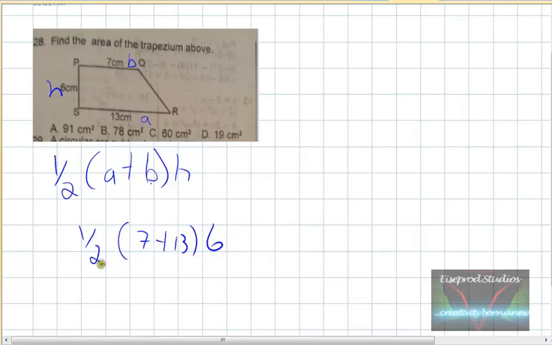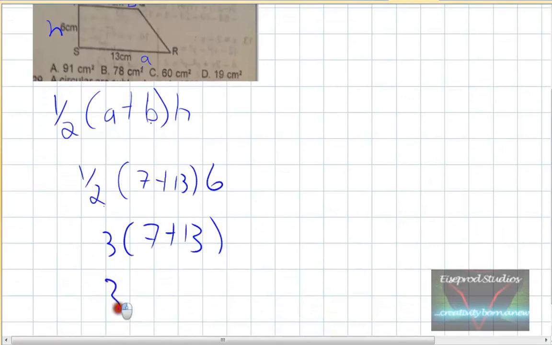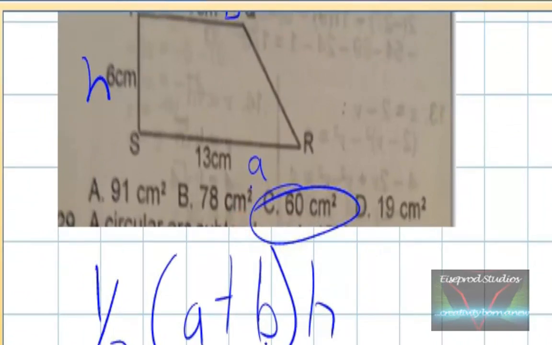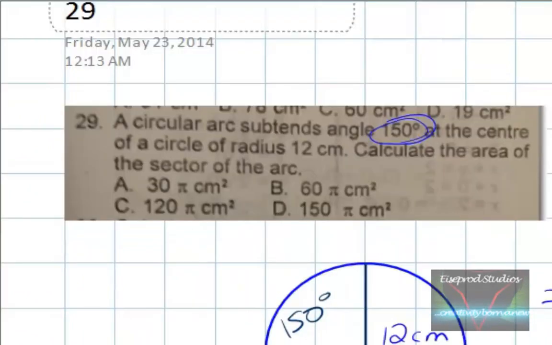I'm going to simplify by doing 1/2 times 6, which is 3. And 7 plus 13 adds up to 20, so 3 times 20 will be 60 centimeters squared.